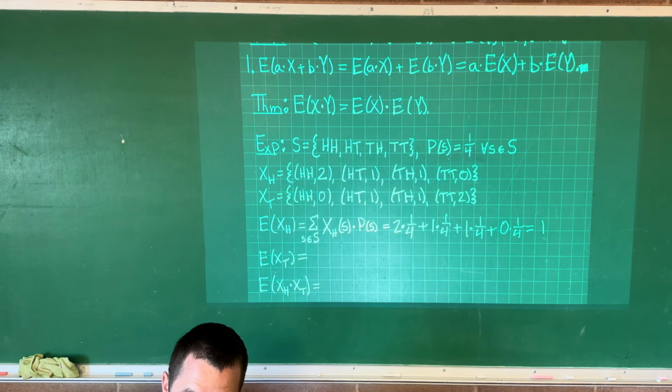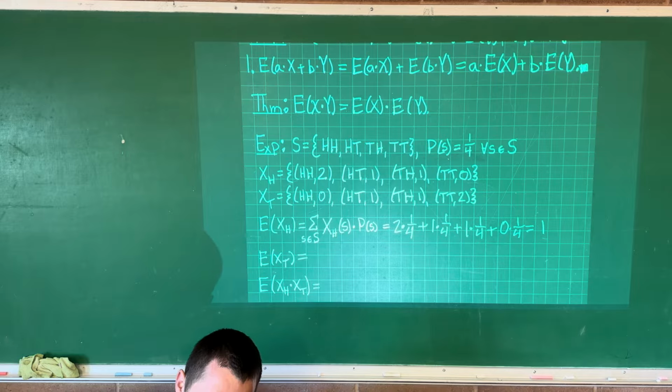Good? Yes? Okay. Now let's do the exact same thing, but calculate the expected value of x sub t. Remember, x sub t counts however many tails are in it. So I'm going to plug HH into x sub t, and what do I get? 0. You're right. 0 times what was the probability of HH? 1/4.